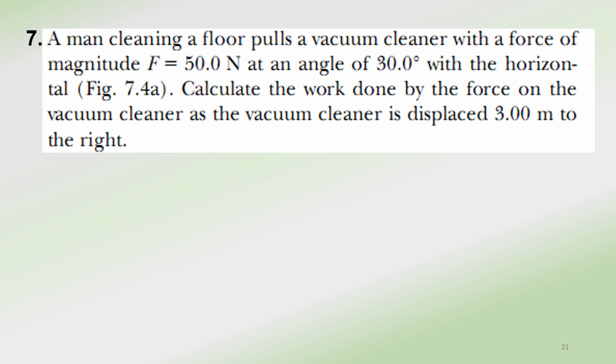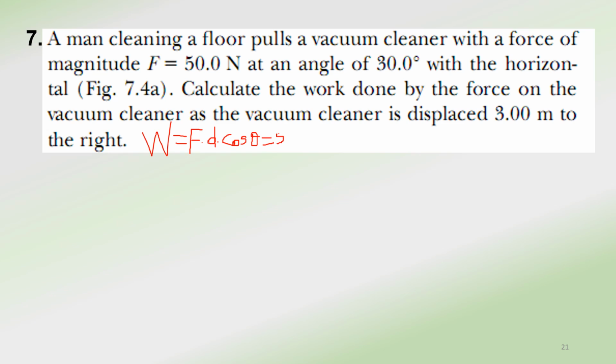This question is similar to the previous questions. The work done by this force equals the force times the distance moved times the cosine of an angle theta, which is between the force and the vector displacement.